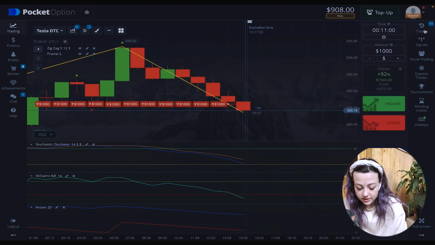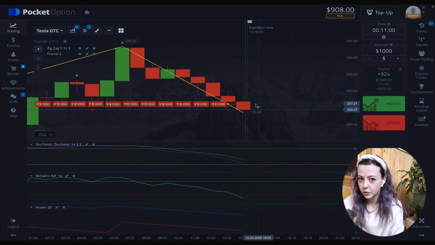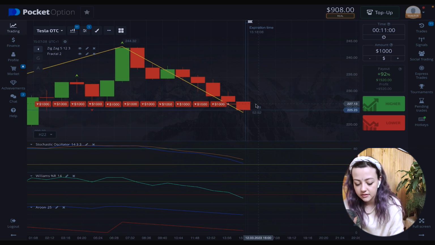According to the points, we have 2 points profitable. 2 points. And we can take advantage of these 2 points.